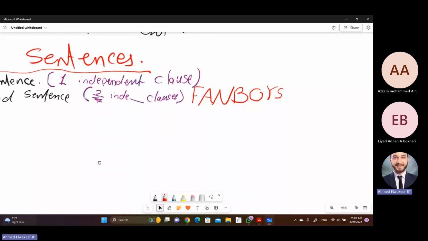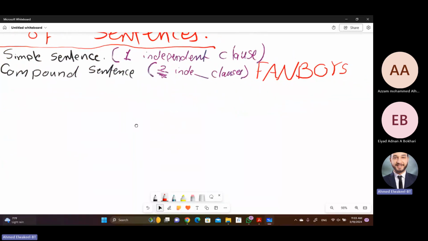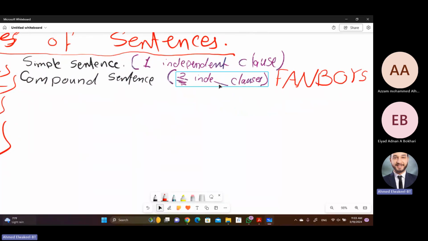So in order to join an independent clause with another independent clause to get a compound sentence, just add any one of the conjunctions FANBOYS: for, and, nor, but, or, yet, and so.